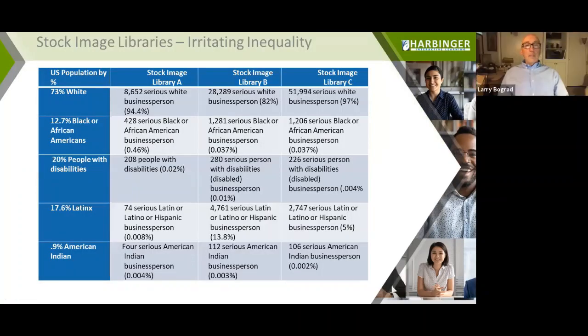Sure. As I said earlier, if I can identify with something on the screen or on a slide or in a scenario that's familiar to me, chances are I'll be more engaged. I did a little totally unscientific research recently because I've always been irritated by stock image libraries, Shutterstock, iStock, Getty Images, about how unfair they were.